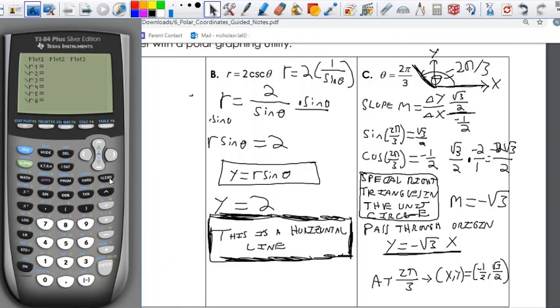I want to say r is equal to 2 divided by the sine of theta. Okay. Graph that. That's going to be that horizontal line, right? That's a horizontal line at y equals 2.